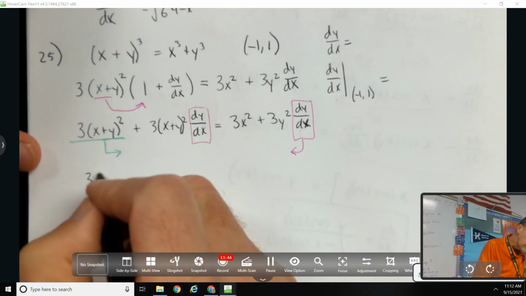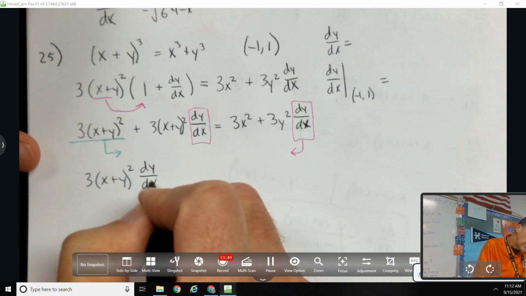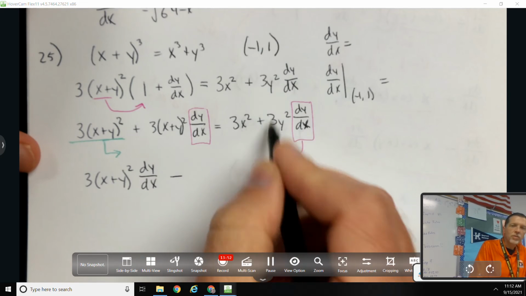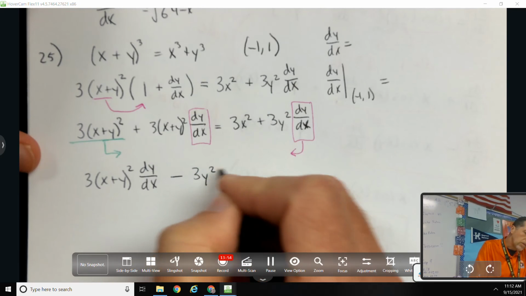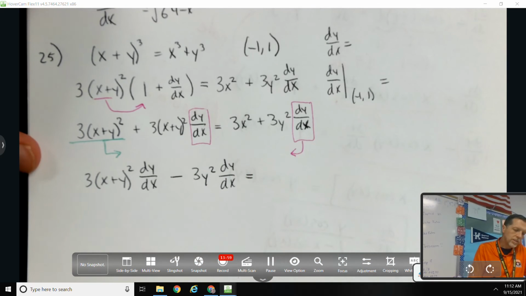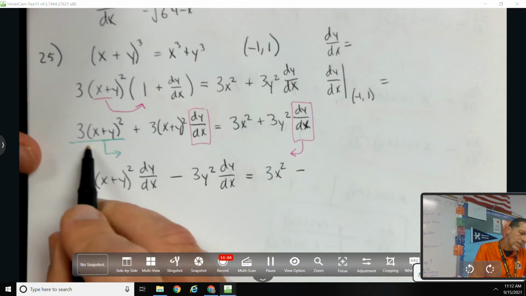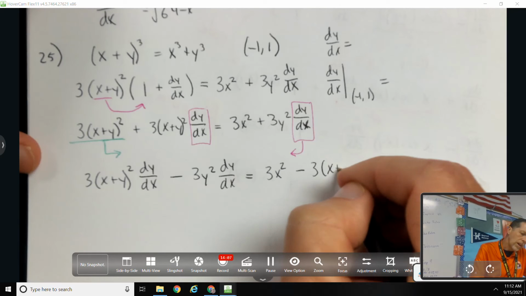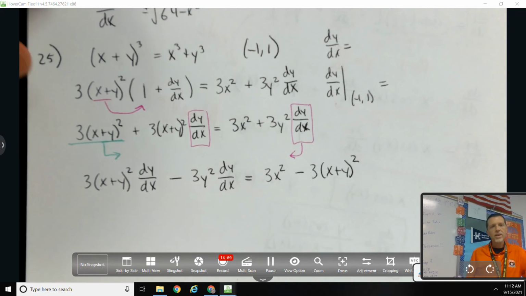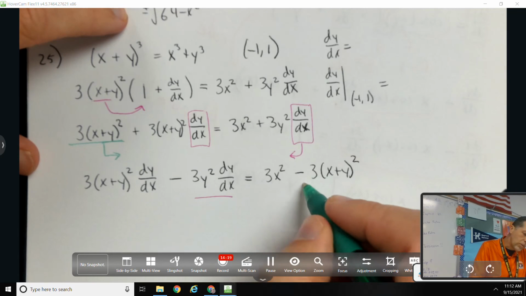Let's see. 3 times (x plus y) squared dy/dx minus, because I'm moving this one over, 3y squared dy/dx equals 3x squared minus 3 times (x plus y) squared. I moved this one from right to left, and I moved this one from left to right.